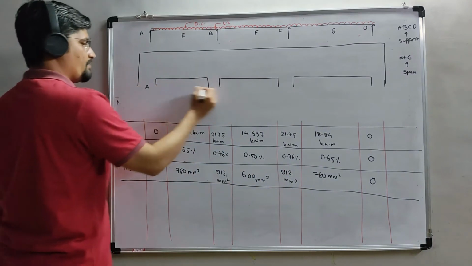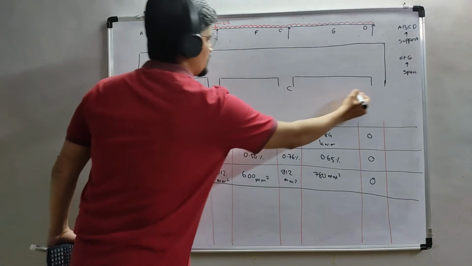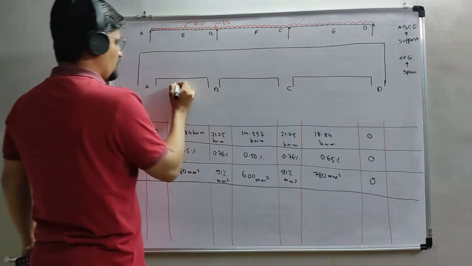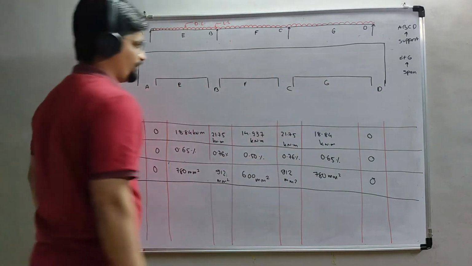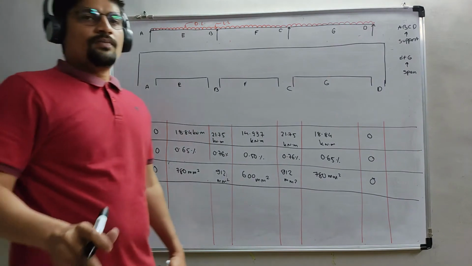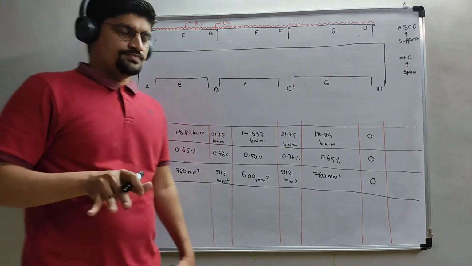This will be our A point, this will be our B point, this will be our C point, this will be our D point. This will be our E point, this will be our F point, this will be our G point. Okay.